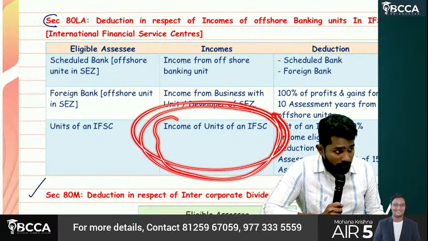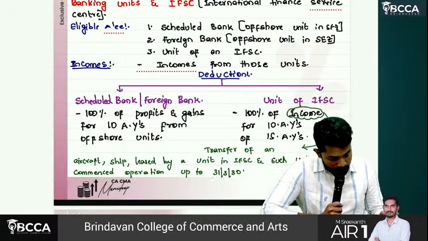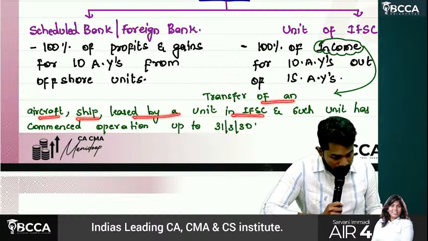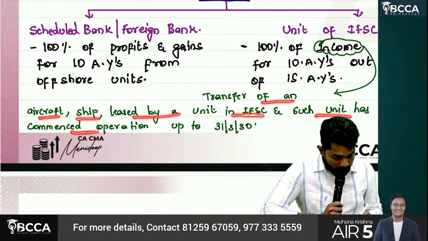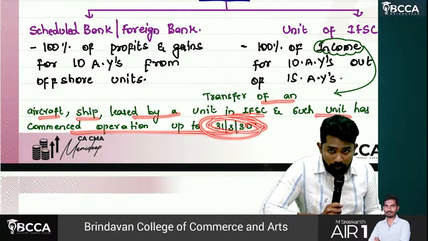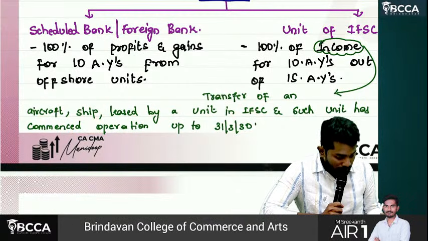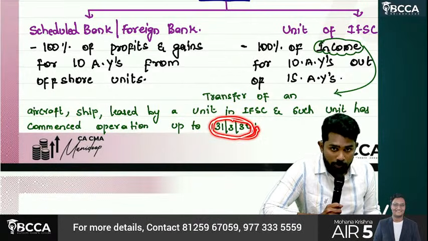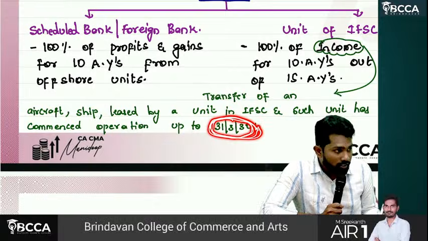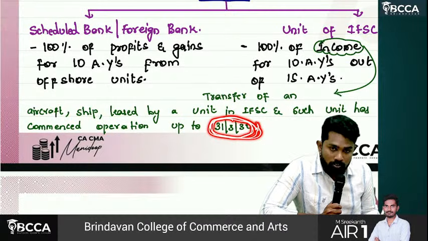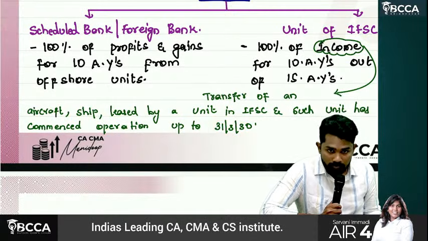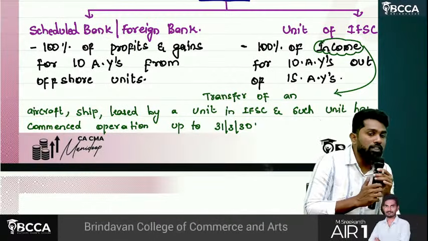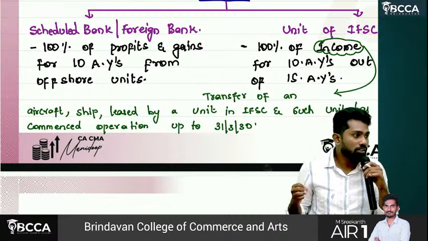Transfer of an aircraft or ship leased by a unit in IFSC, where such unit has commenced operation up to 31st March 2030. This date used to be 31st March 2025 previously. Now the sunset date has been extended to 31st March 2030. That's the amendment there.